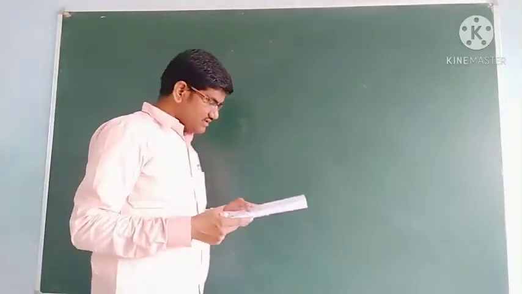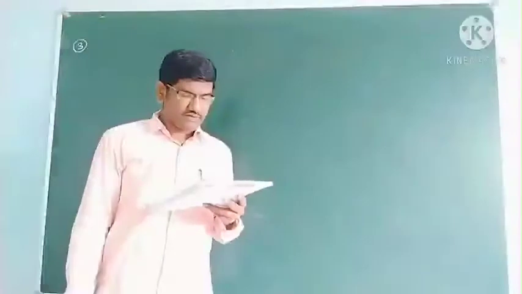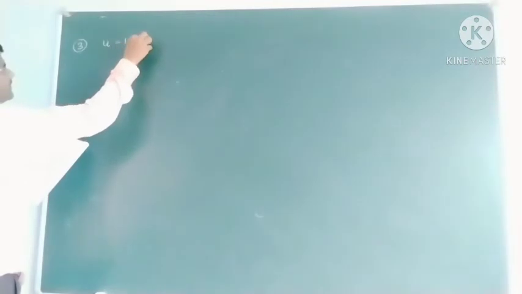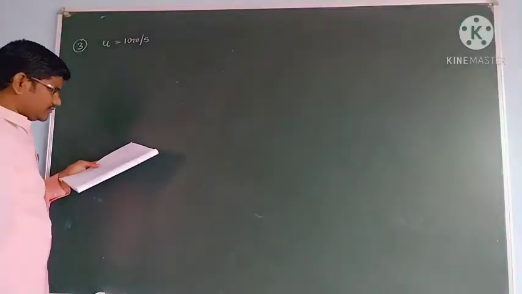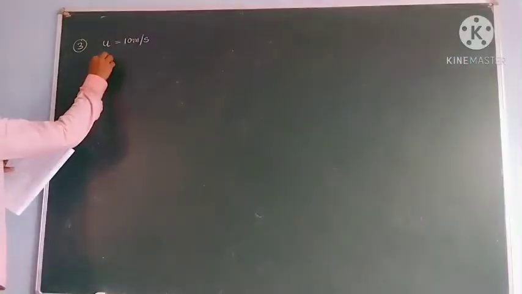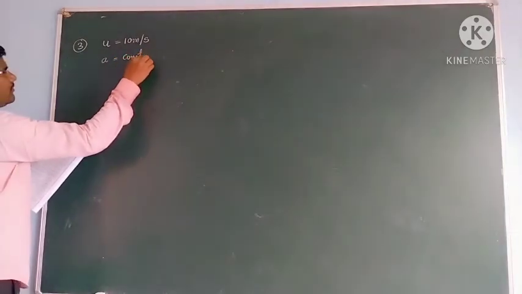Okay students, see what is given. Next, third problem. A particle starts with an initial velocity of 10 meters per second and moves with uniform acceleration.